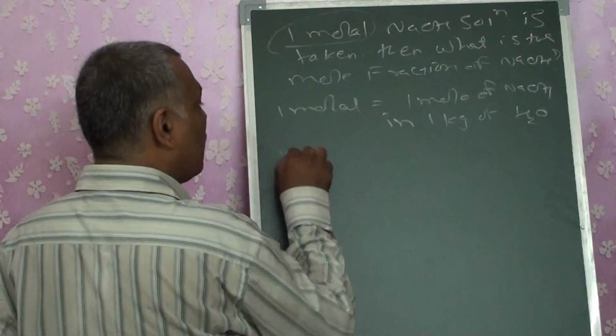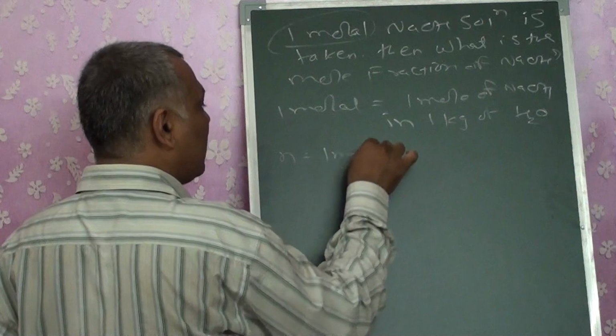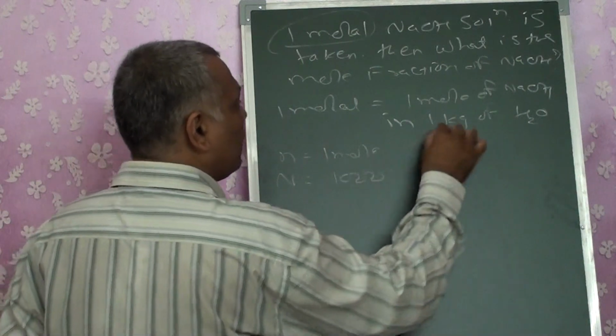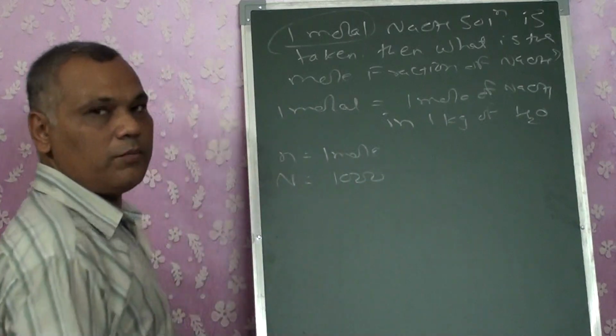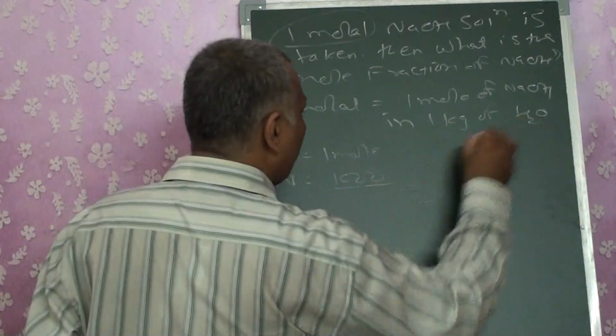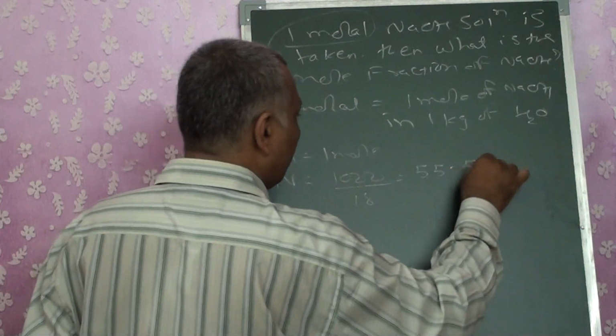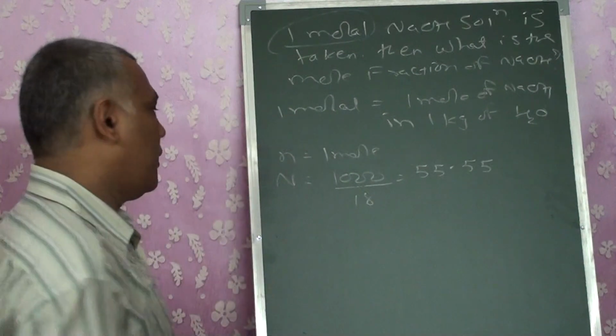Now small n, we got it 1 mole, but what is capital N? Weight 1 kilogram means 1000 gram. Molar mass of H2O is 18. So moles you are going to get as 55.55. Okay.